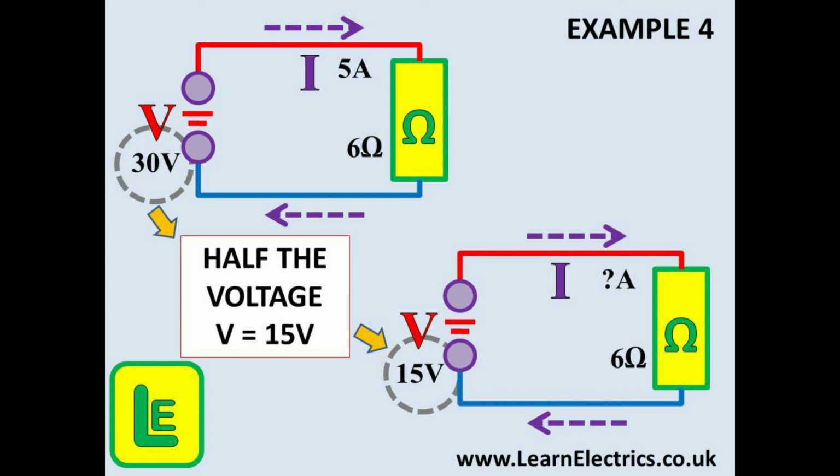That is the only change we have made, halving the voltage from 30 volts down to 15 volts. We can draw this on the bottom diagram. And we know that the resistance has not changed, so we can put our 6 ohms onto the diagram. The current, however, is dependent on the voltage and resistance. So although we only change the voltage ourselves, this will make a difference to the current.